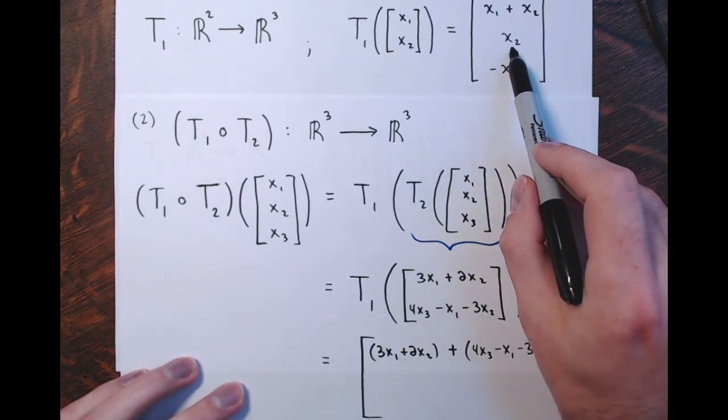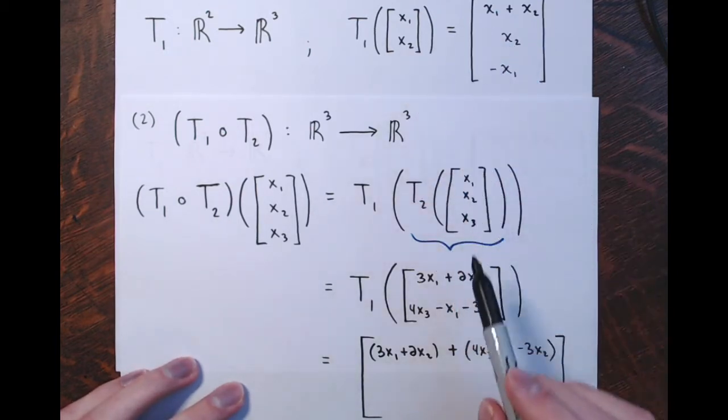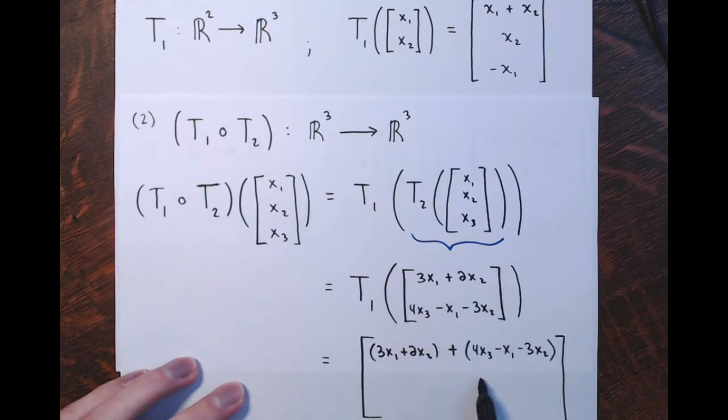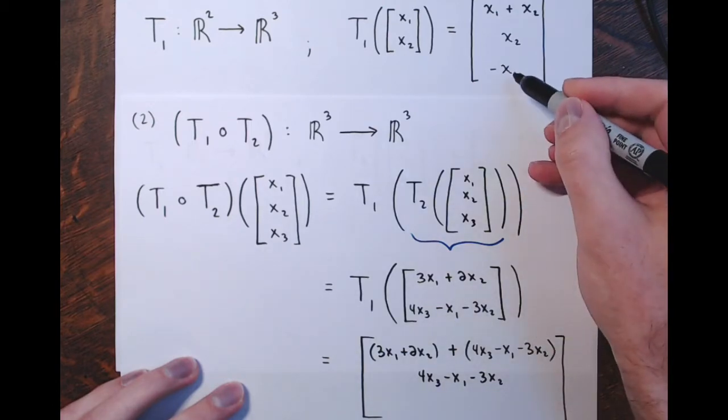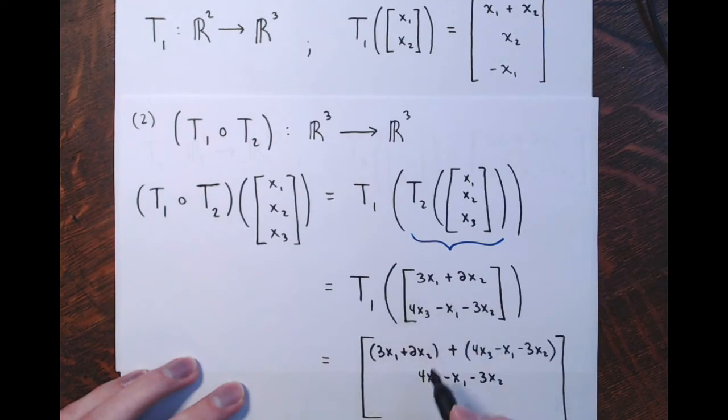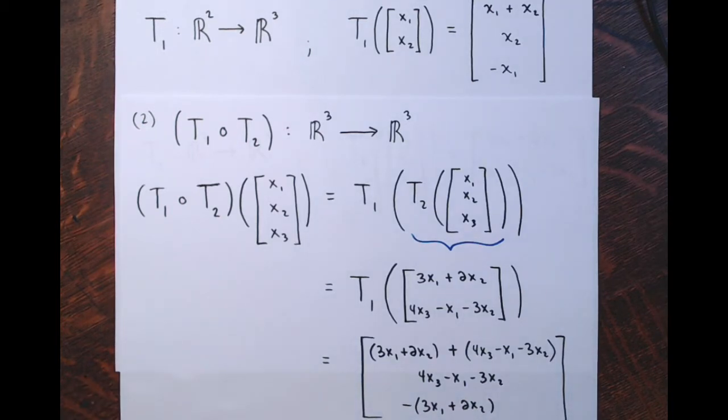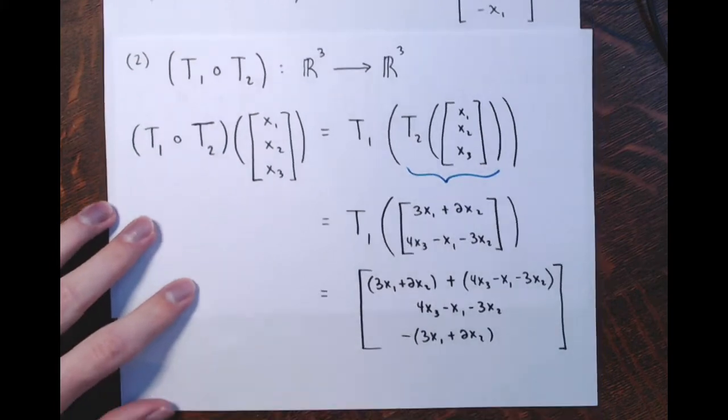The second component of the output is the same as the second component of the input, so it will be this 4x3 minus x1 minus 3x2. And then the third component of the output when I apply T1 is the opposite of the first component of the input, so it's the opposite of this 3x1 plus 2x2 quantity. I'll simplify this on the next page.